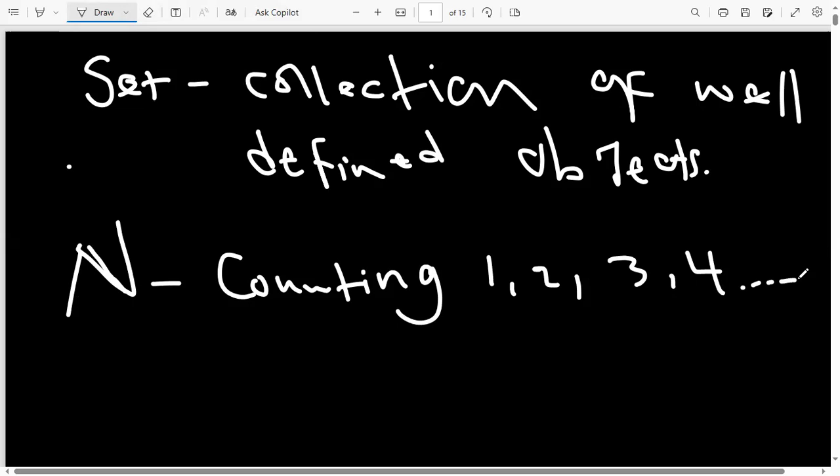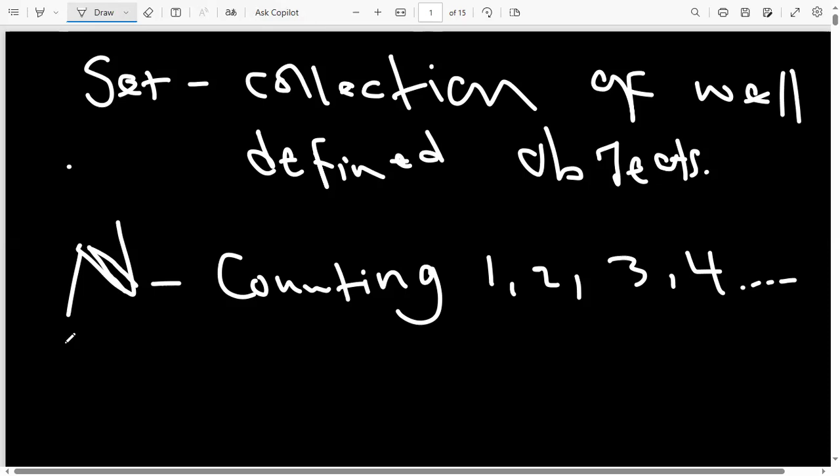You can use them to count. Take note that 0 is not a natural number because you can't use 0 to count. You can only start from 1 and then all the positive numbers, as long as it's not a fraction. It's a whole number. So these are counting numbers.